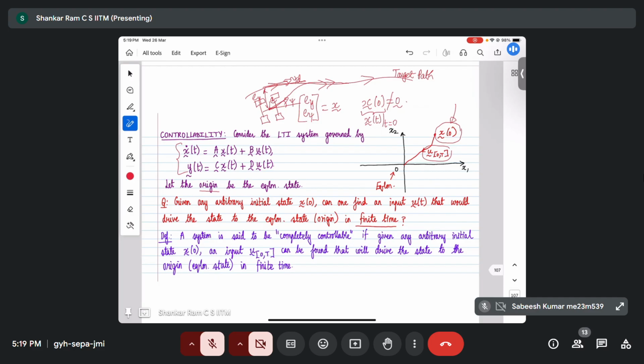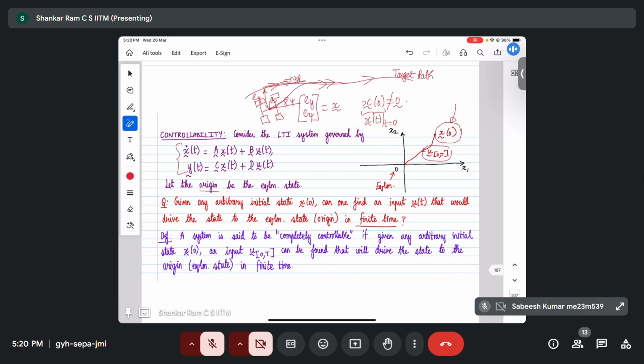So once again, let me repeat, from the mathematical or abstract visualization, let's say we have the standard state space representation. Let us say we have the origin as the equilibrium state, and we have an initial state which is away from the equilibrium state.